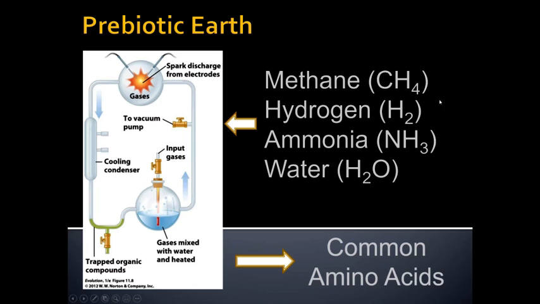And when they do this, they can take these basic, simple inorganic molecules and make some, not all, but some of the basic organic molecules that are necessary for life. So we don't know all of the steps, but certainly we can understand some of the possible steps that could have occurred in Earth's early atmosphere to create the basic building blocks of life.